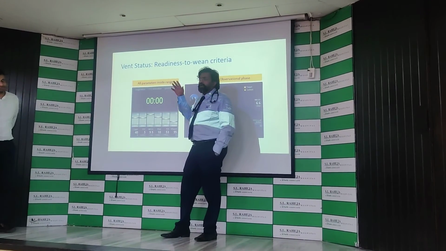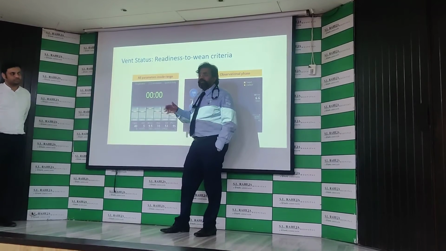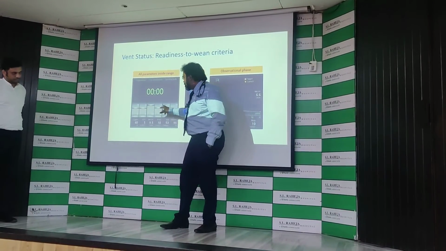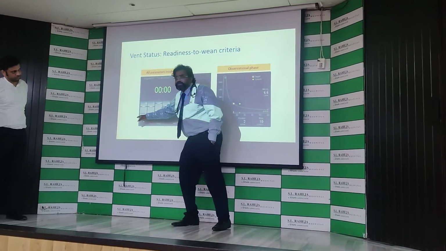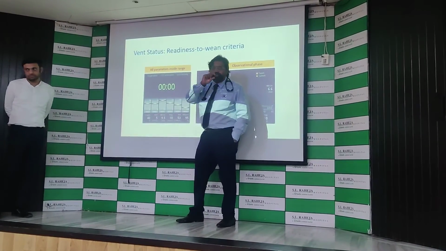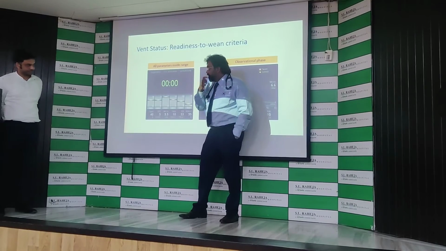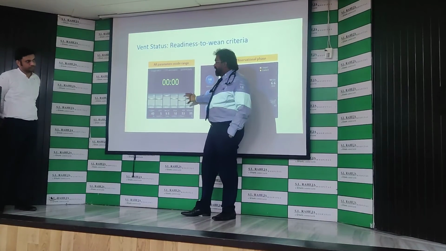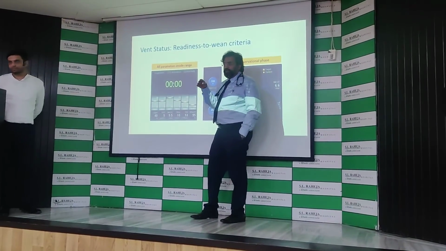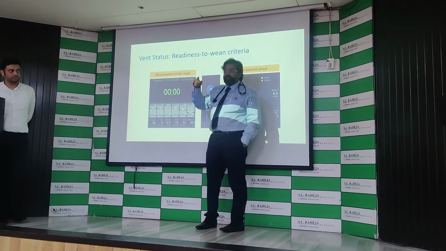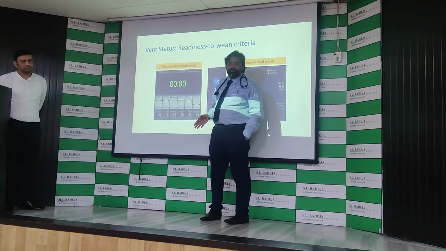If the inspiratory pressure is less than 15, if the PEEP is less than 8, which is what is set here, and FiO2 is around 40%. When all these standard extubation or weaning parameters come in, it automatically goes into this timing, and then the timer keeps on running.